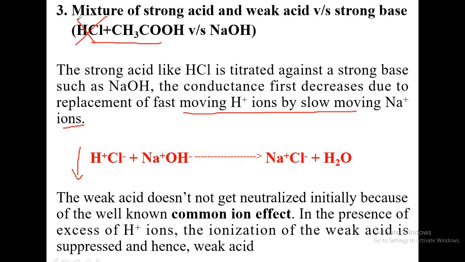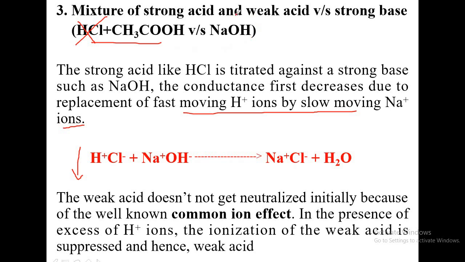But once HCl makes an exit, slowly acetic acid starts undergoing dissociation. But because it is a weak acid, it shows only feeble dissociation. Hence it gives only a limited number of ions, and therefore conductance is not very high.